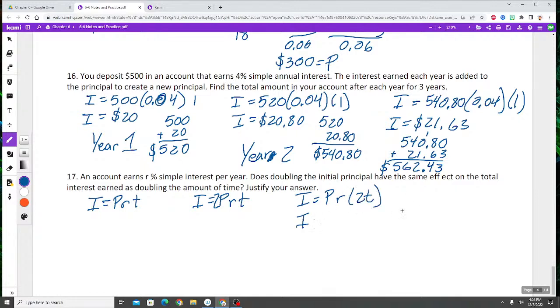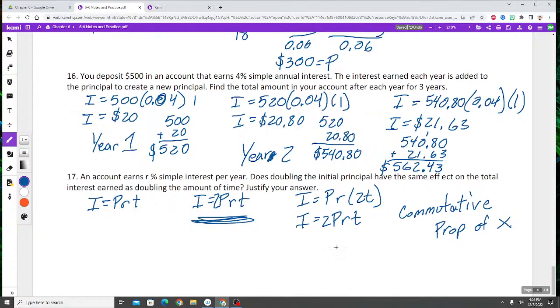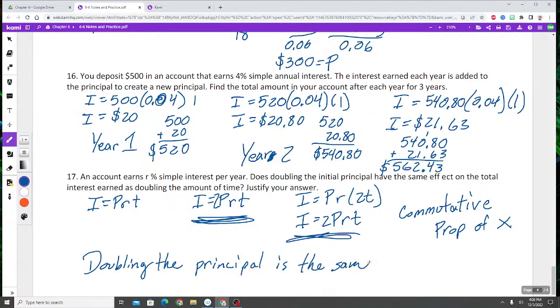Well, because of the commutative property of multiplication, I can take this 2 and push it out to the front. And if I do that, we see that we have the same formula. So doubling the principal is the same as doubling the time. There you have it.